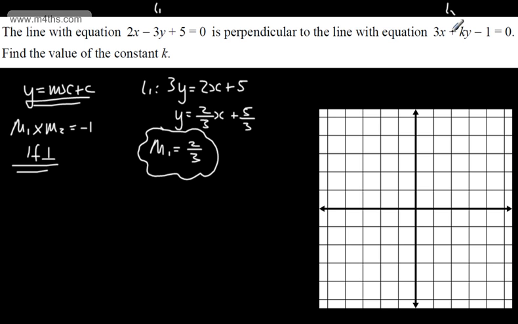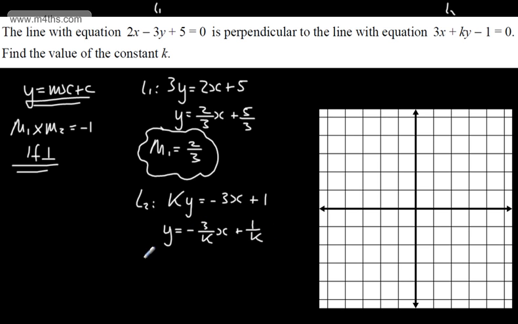If we look at this one, rearranging this, line 2, subtracting 3x from both sides and adding 1 will give us now ky is equal to negative 3x plus 1. Dividing both sides by this constant k, negative 3 over k x plus 1 over k allows us to evaluate the gradient.